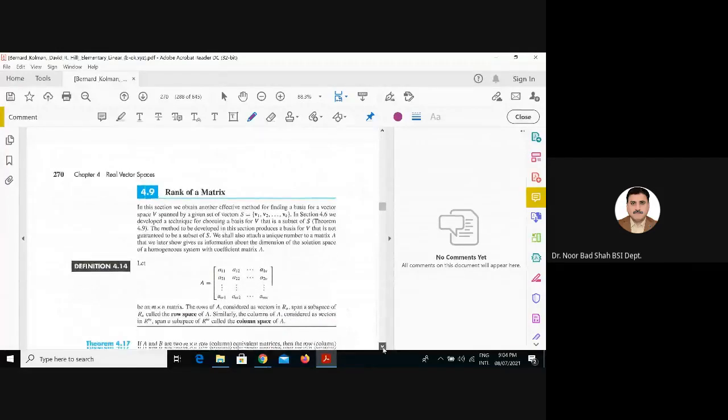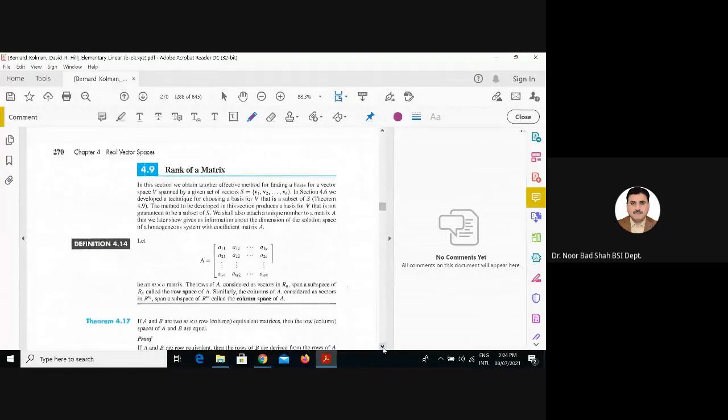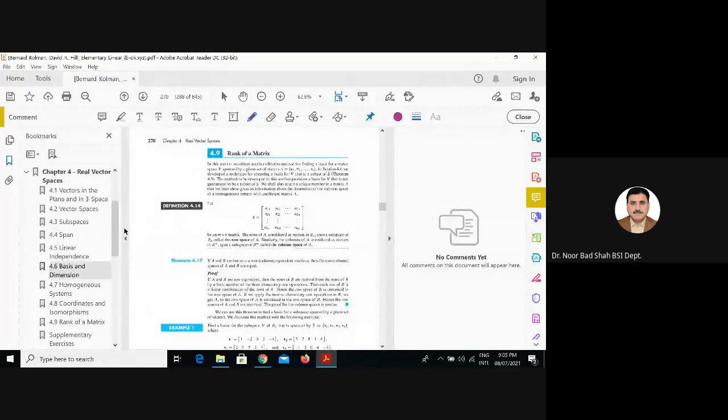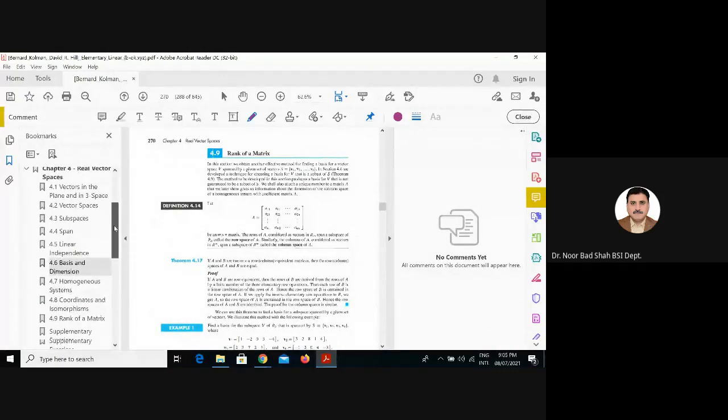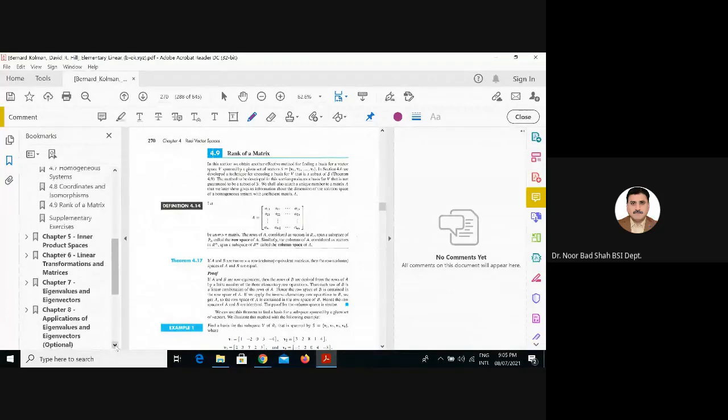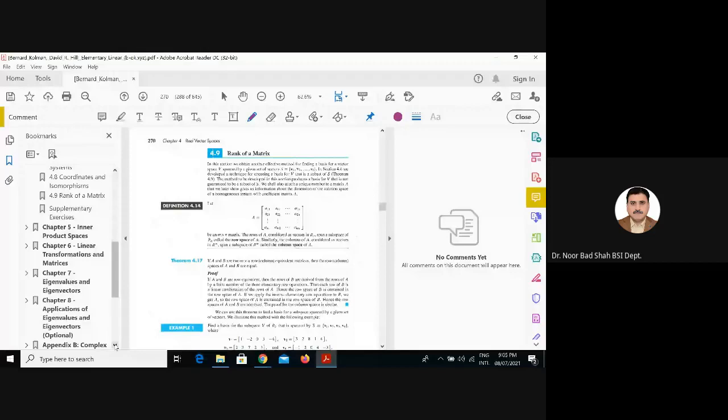Let's talk about rank of a matrix. Should we do it or is it enough? Sir, it's enough today. We will be doing chapter number 6, which contains 6.1 and 6.2.